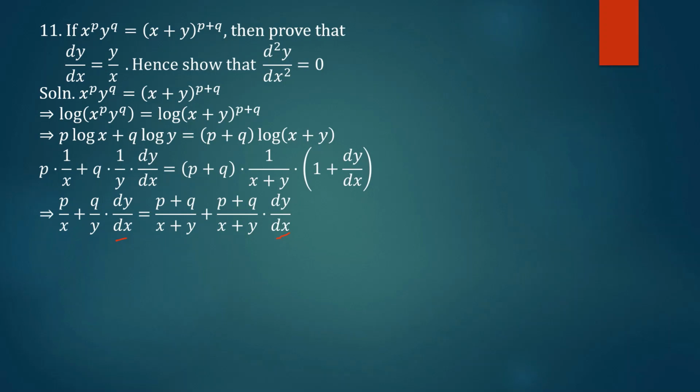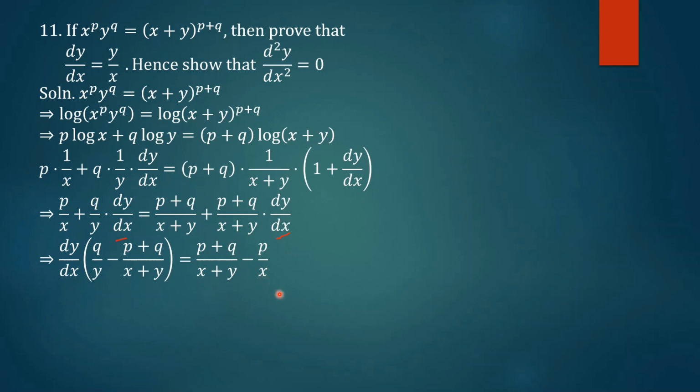Taking dy/dx common, then here q by y remains, and this term shifted to the left, so we get negative (p plus q) by (x plus y), simple. And equal to the right hand side, which contains already (p plus q) by (x plus y), and this term free from dy/dx will go to the right hand side, so it is minus p by x.